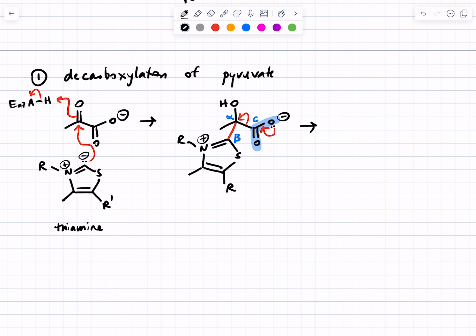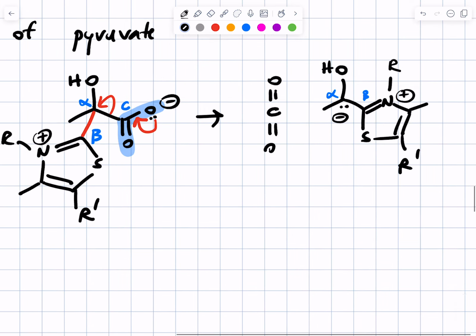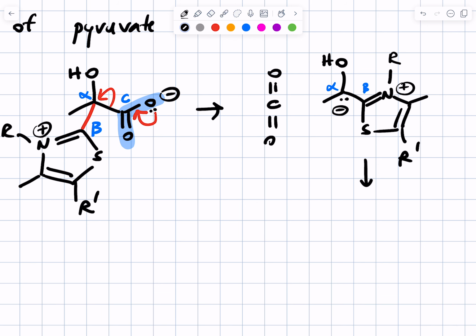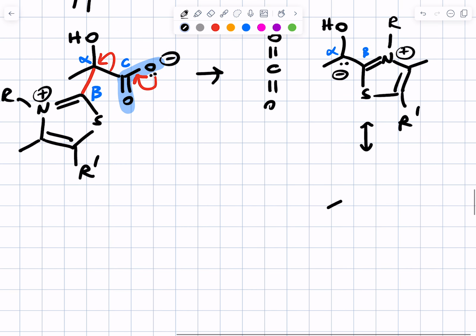I'll show you. We lose CO2, and what's left behind, we could put a lone pair on what used to be the alpha carbon. I'll still label it as alpha. This is beta. Here's the nitrogen of the thiamine ring. Here's the sulfur. Positive formal charge on the nitrogen. Do you see how this is now stabilized by resonance?